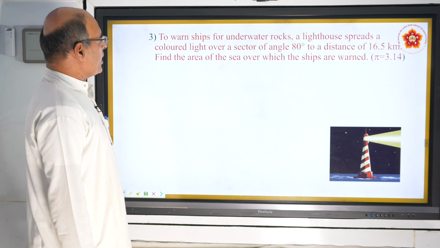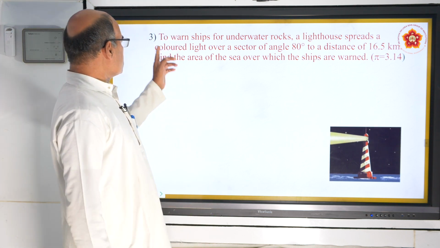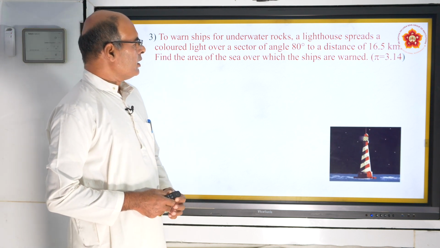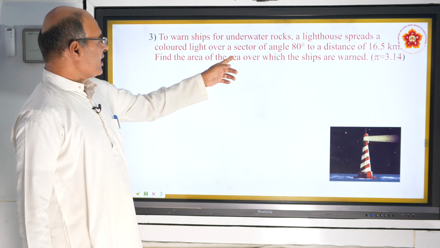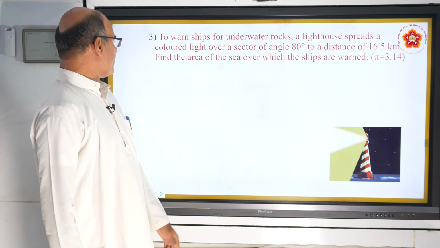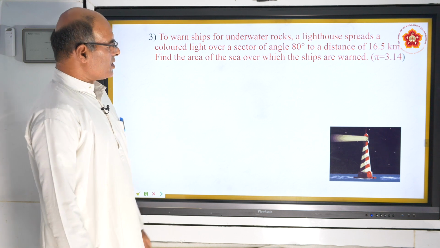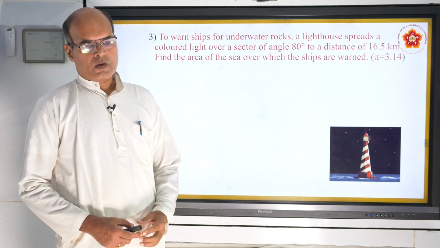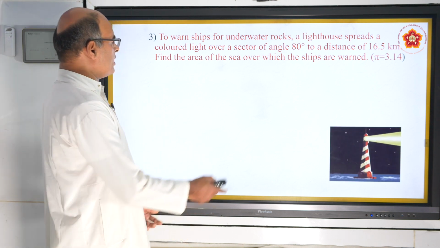To warn ships of underwater rocks, a lighthouse spreads a colored light over a sector of angle 80 degrees to a distance of 16.5 kilometer. Find the area of the sea over which the ships are warned. Similar to the last question, everything is given here.